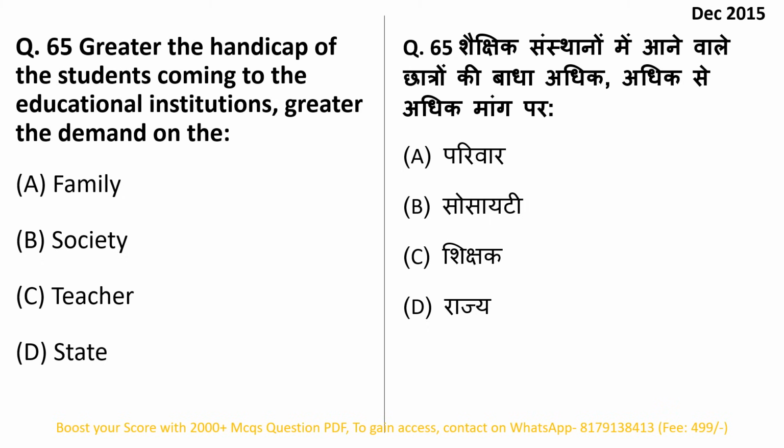She has to teach normal students, and also deal with somebody who is having a problem with vision or listening. So the greater demand comes on the teacher, because she is the one who is going to teach and manage the students. If there is greater handicap in the students in the class, the demand increases from the teacher.